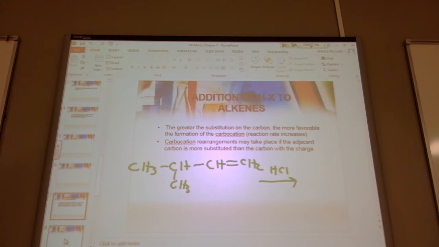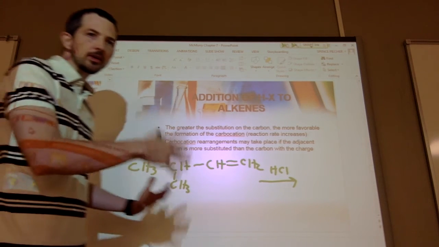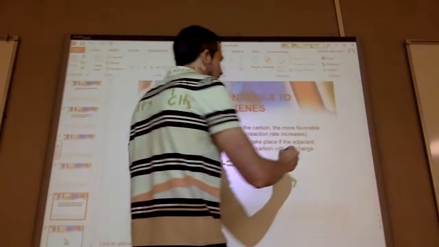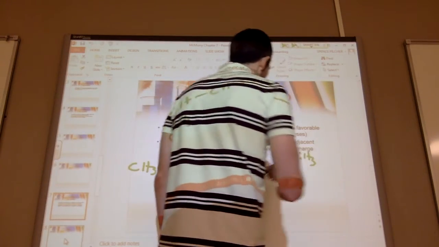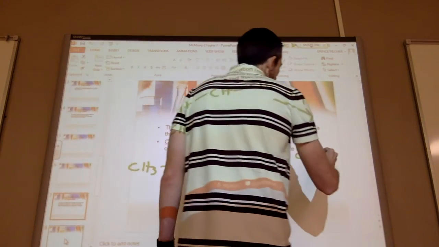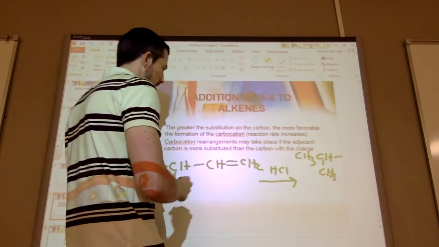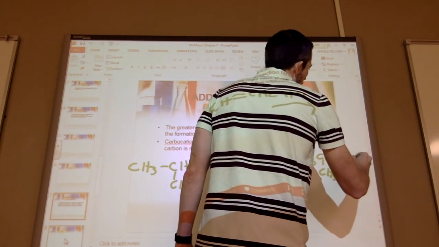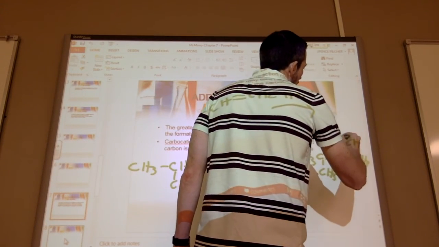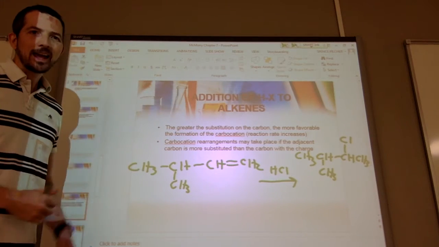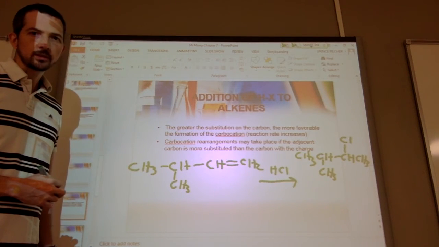So I'm looking at this reaction. Okay, so I'll go into the lab and I do this reaction. So what I expect to get would be that product, the chlorine adding to that most substituted position.